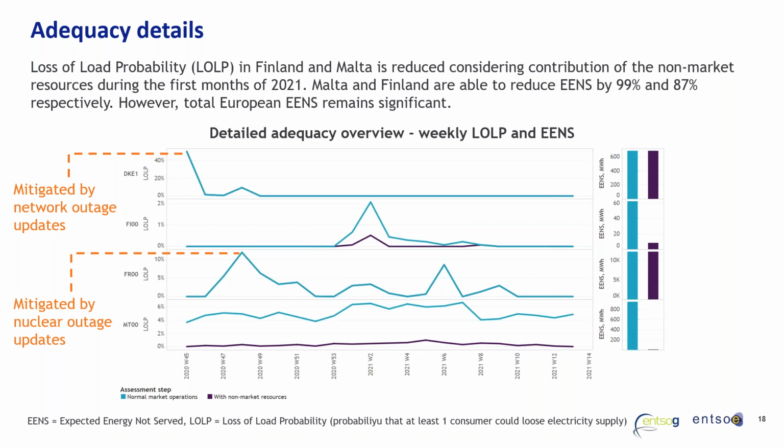Closer to real time, whenever there are more accurate weather forecasts, if adjustments are needed, the TSOs are looking to do whatever is possible to minimize those risks and to make sure that electricity is supplied to all consumers, or at worst case, if there is a lack of supply in the power system, that only a small portion of the consumers would be affected by this lack of supply.